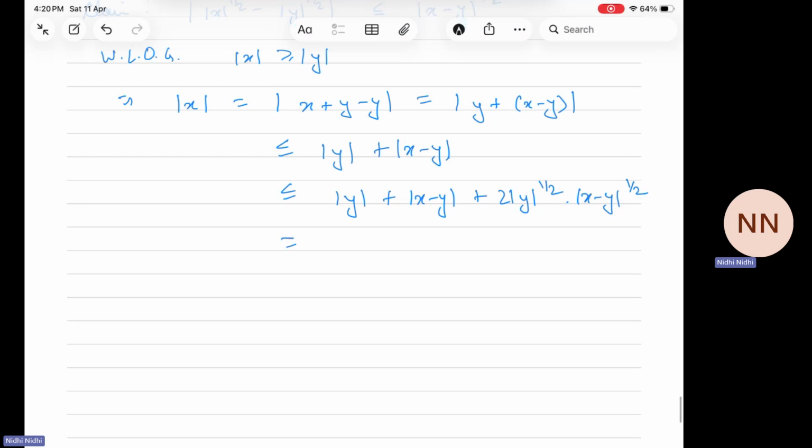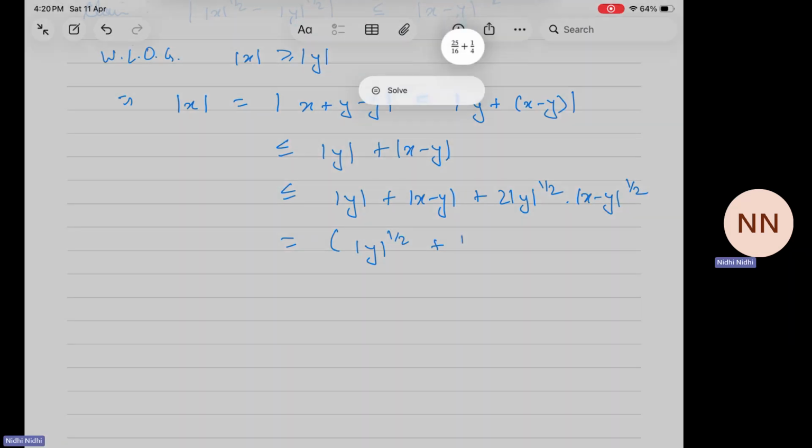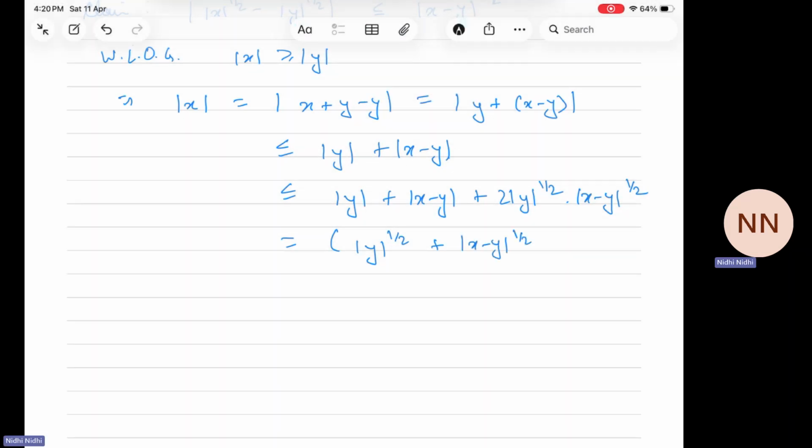Now this is equal to mod y to the power 1 by 2 plus mod x minus y to the power 1 by 2, whole square.